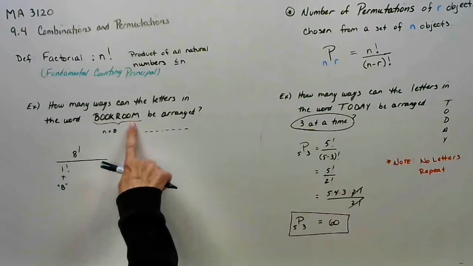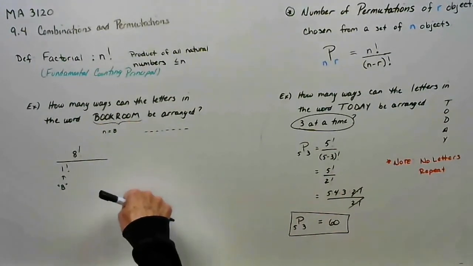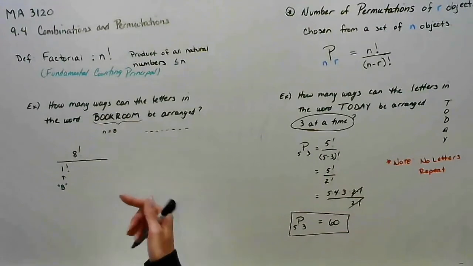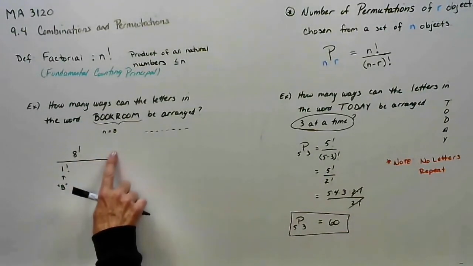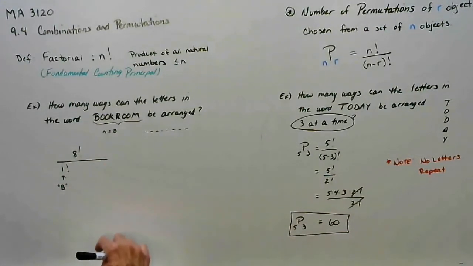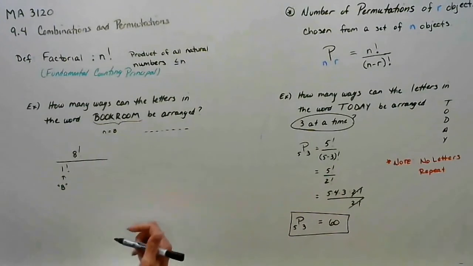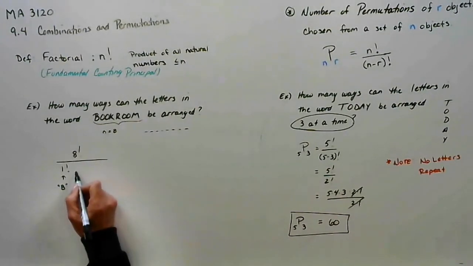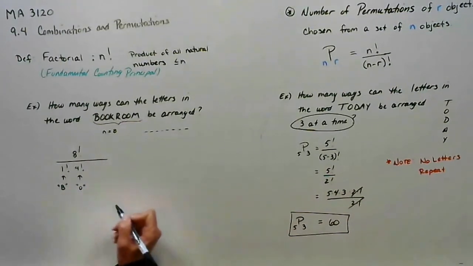So I need to divide out the repeats. Because this is multiplication, we divide the repeats out. With what we did last time, we subtracted the repeats out. So we have 4 factorial, and that's represented by the letter O.